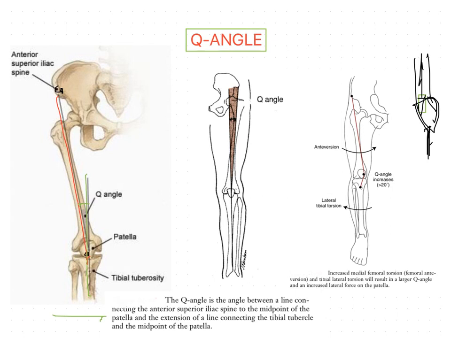Why not in knee flexion? Because excessive lateral forces may be more of a problem in extension, and as the knee is flexed, the Q angle will reduce.